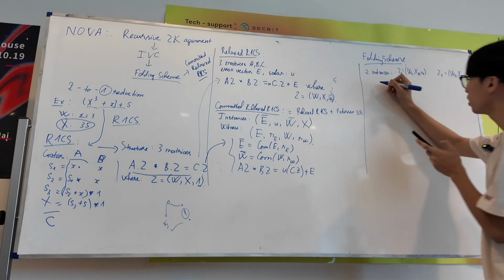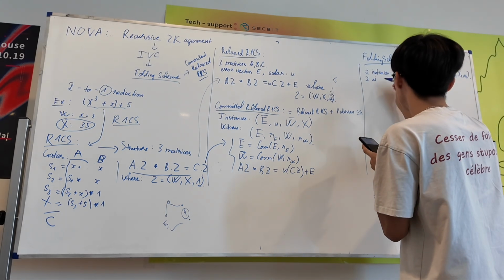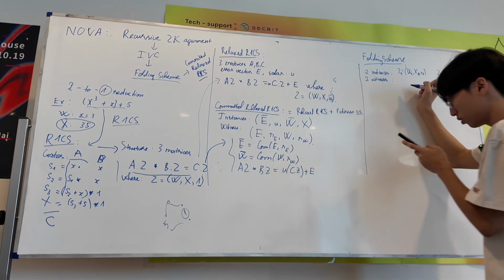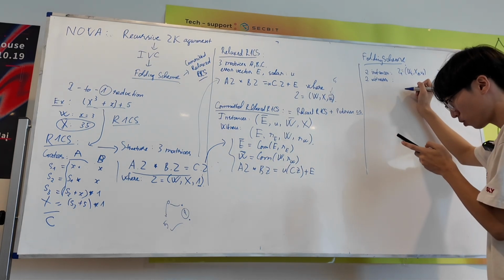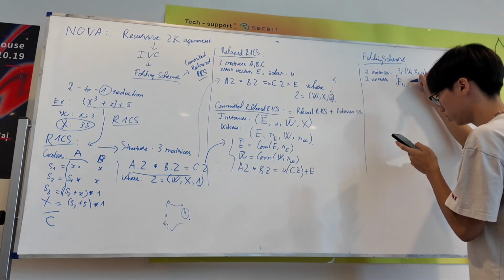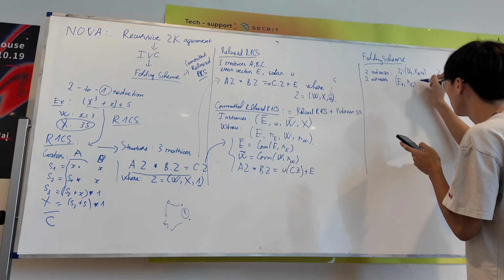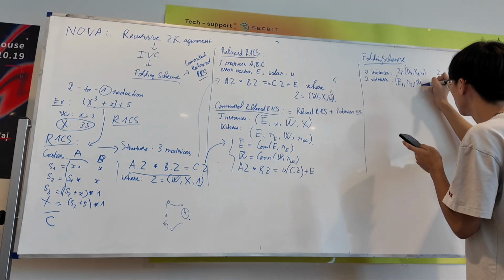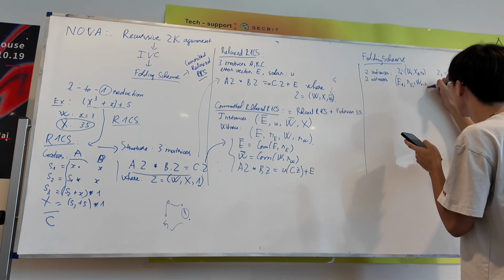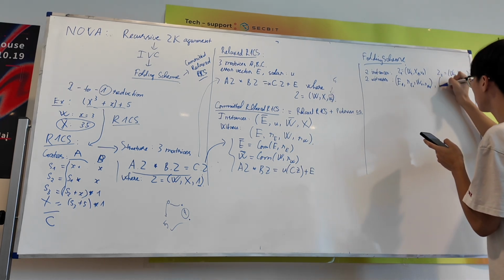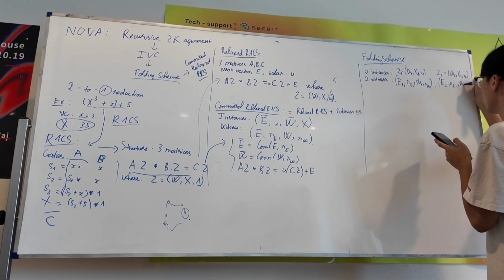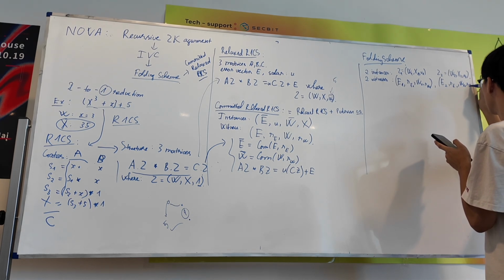So two witnesses correspond to two instances, like this: E1, W1, and E2, W2.